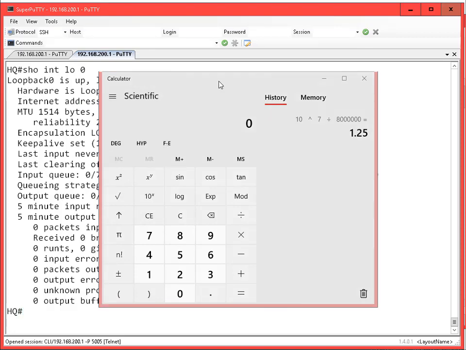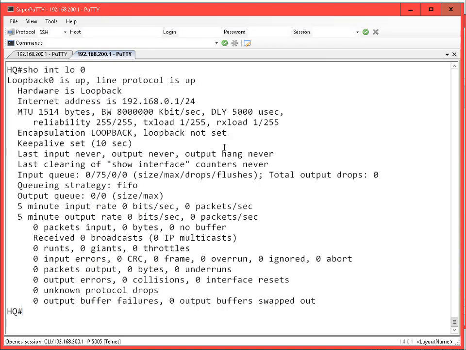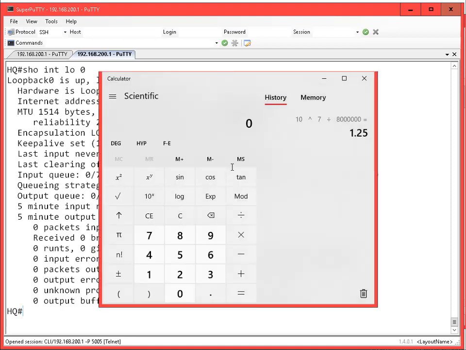And the delay, let me try that again. No, that makes sense, because this number is bigger than 10 to the power of 7, and the delay is 5,000 microseconds. So let's do 5,000 divided by 10 times 256, 128,000.